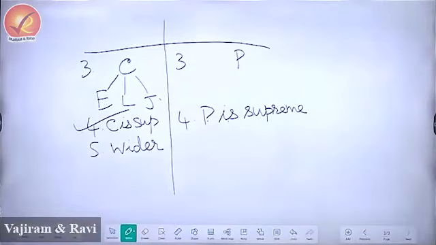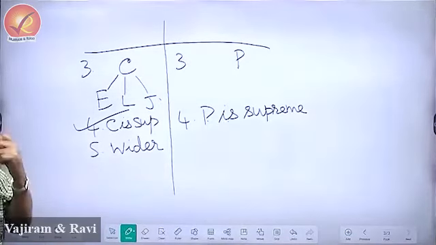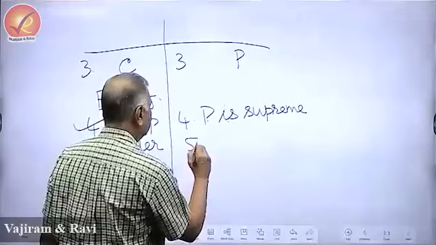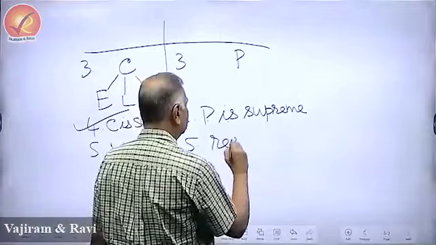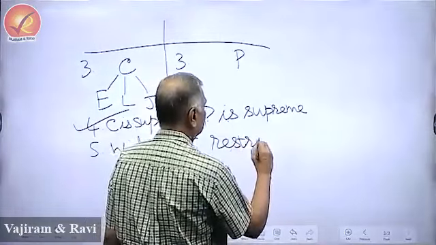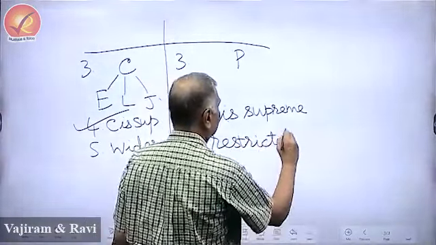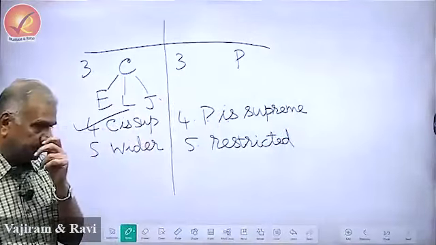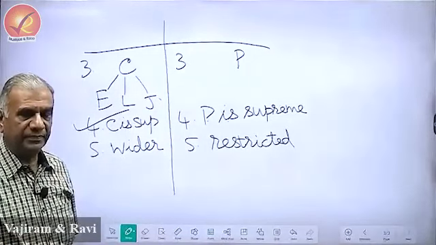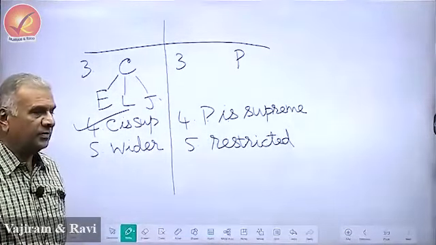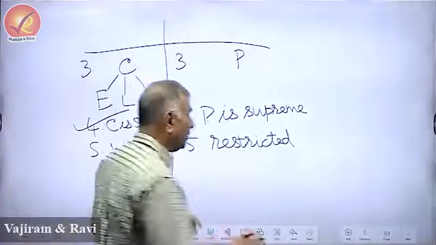Whereas in an unwritten constitution, the judiciary enjoys restricted powers, not wider powers. Now, what do you mean by wider powers, restricted powers, and why is it so?